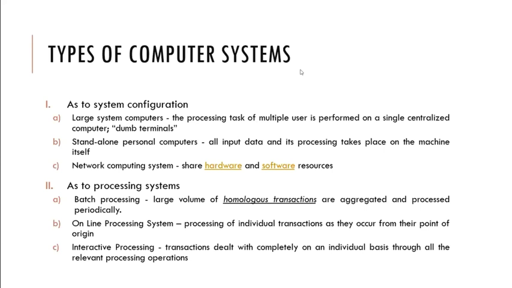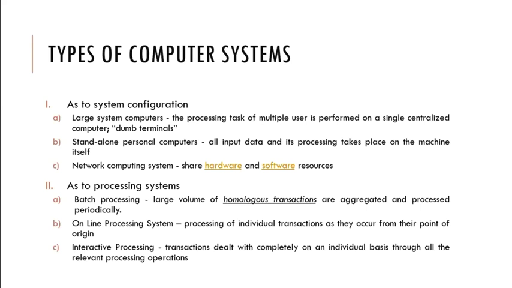Types of computer systems. Even though we are not IT professionals, of course, we are not expected to know the integrities of these computer systems, but at least as auditors, we should know how the computers are set up in the auditee.